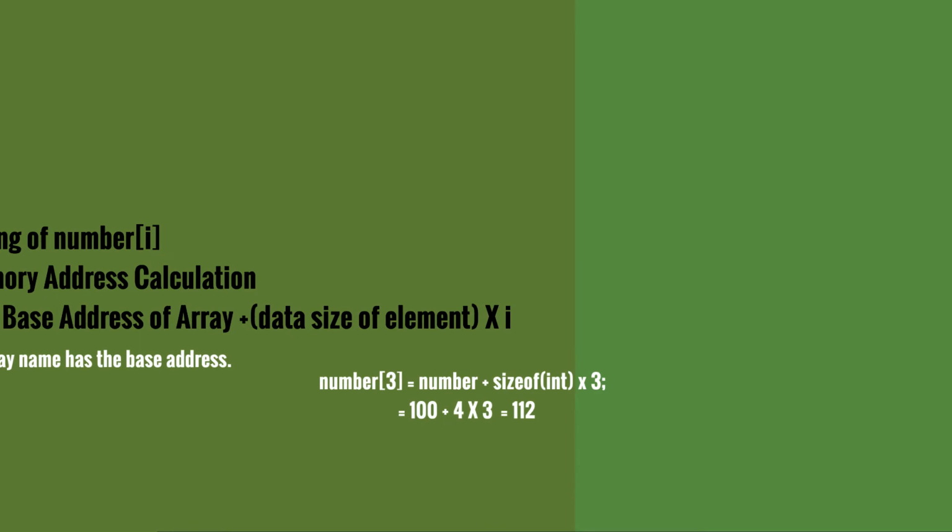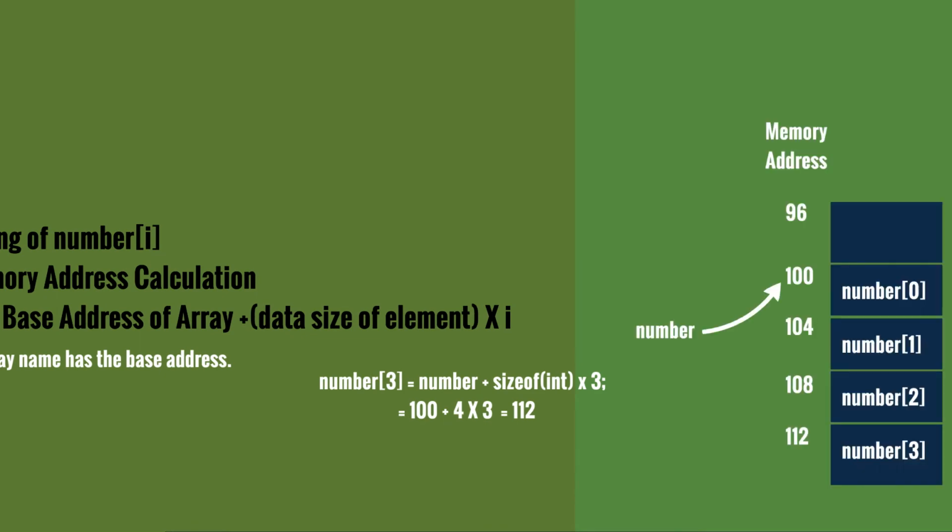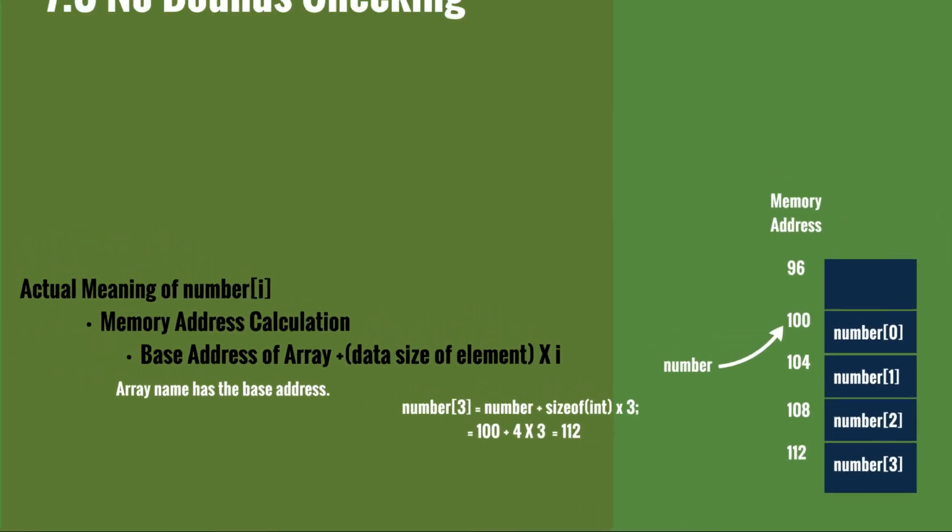Normally the array name has the base address. In this example, number has the base address 100, the size of an integer is 4 bytes, and the index is 3, so the memory address is 112. So the array name number with index 3 means accessing the address 112.